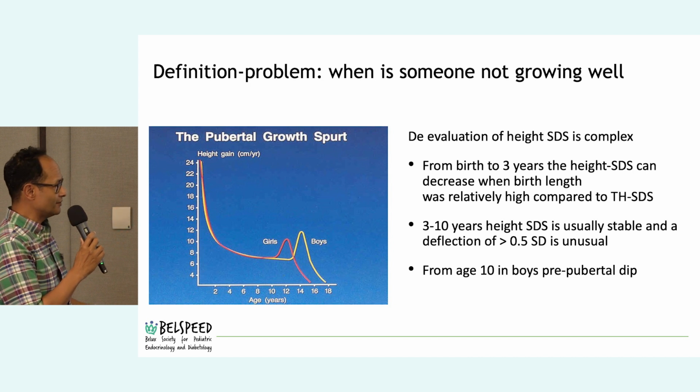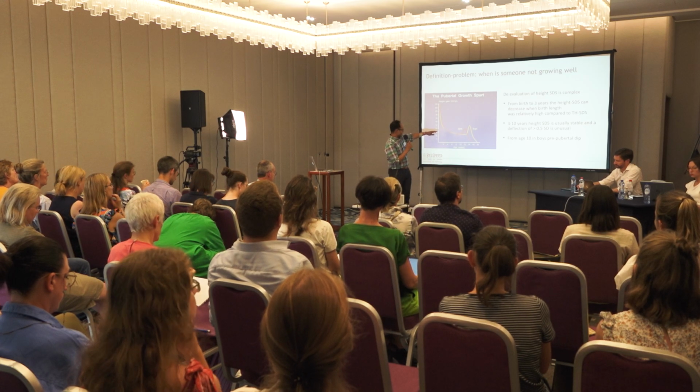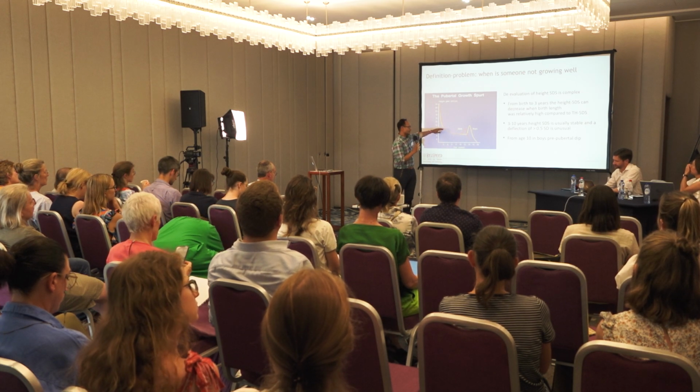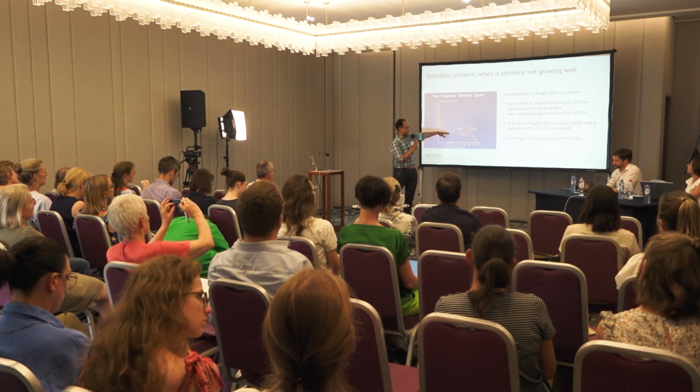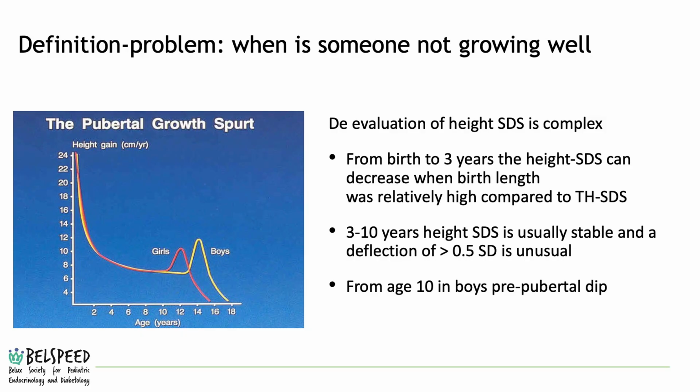Also, we do know that between the ages of 3 to 10 years, the height SDS, the growth velocity, is usually stable, and a deflection of more than 0.5 SD is unusual. But then if you go into the early teens for boys, we all know that they start to grow slower. They have their known prepubertal dip, as you can see here, prior to that growth spurt.